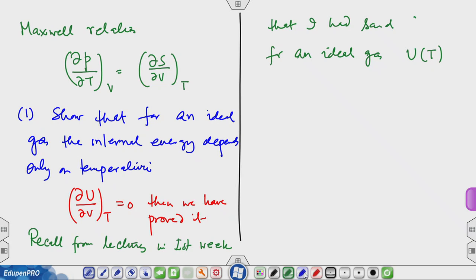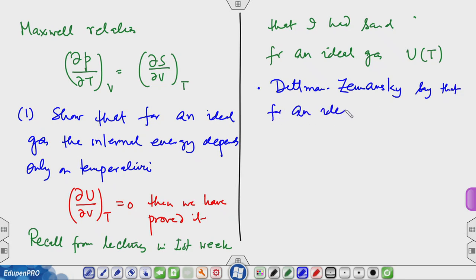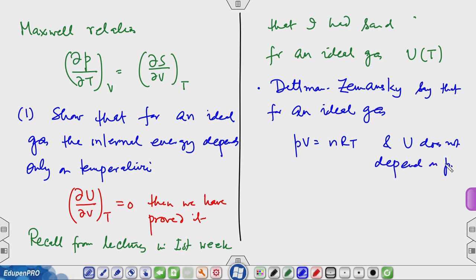And also, we had said that Dittman-Zemansky says that for an ideal gas, PV equals nRT and U does not depend on P. So we are now going to prove this. That time I had deferred the discussion.